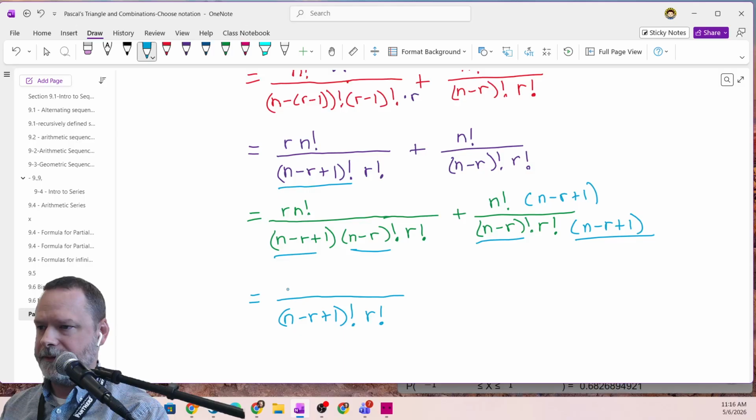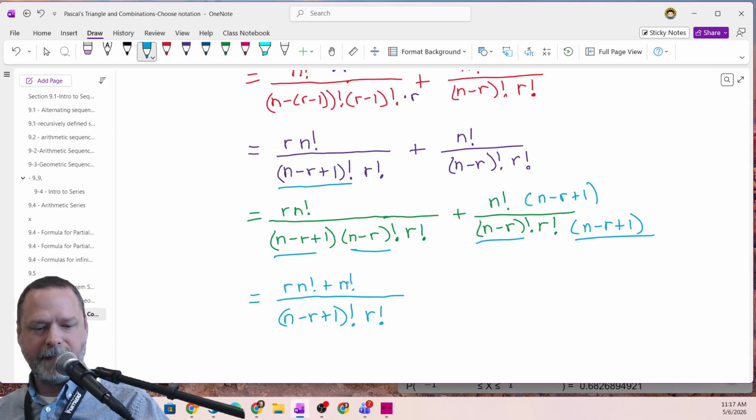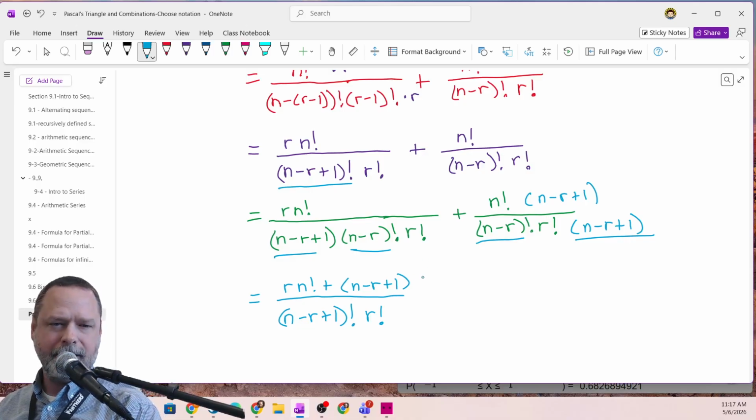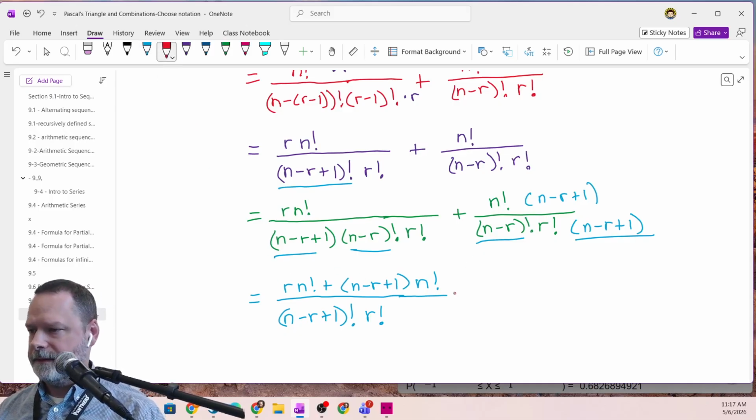So it is r times n factorial plus n minus r plus 1 times n factorial. Well, let's put that other thing in front because we're going to do some factoring here. I can factor that n factorial out, so let's do it in the numerator.